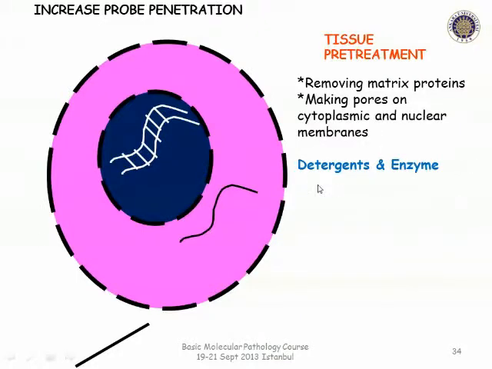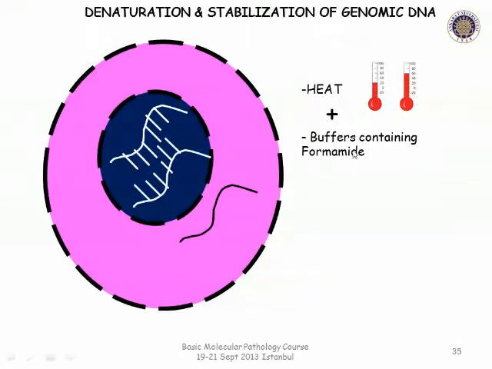Detergents and enzymes are used for this. And in order to start hybridization, you have to denature and stabilize your DNA as denatured within the cell. Heat is used for that, and formaldehyde containing buffers are used for stabilization.